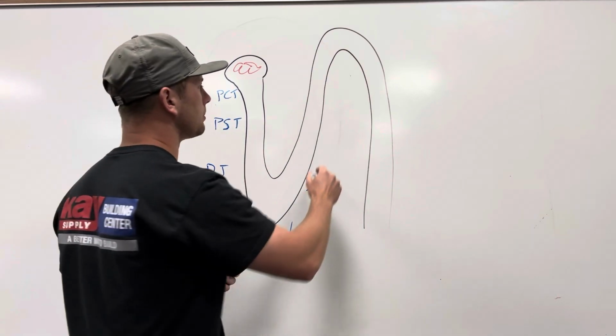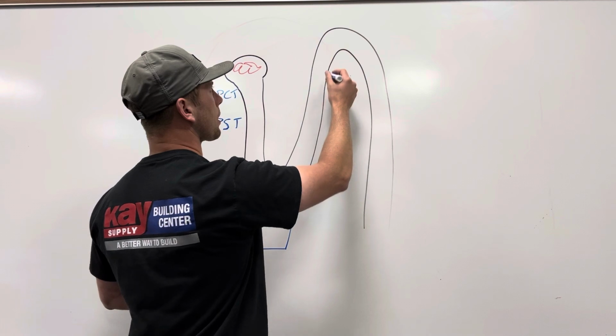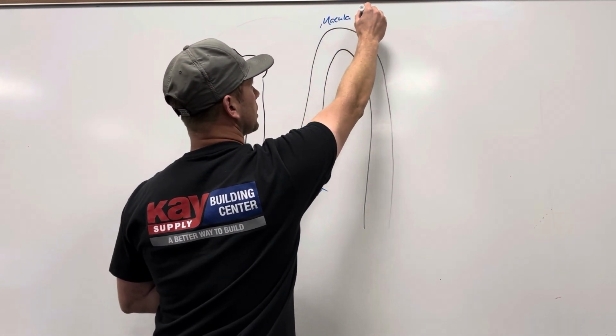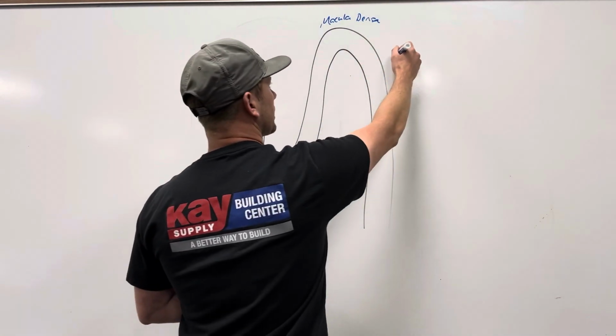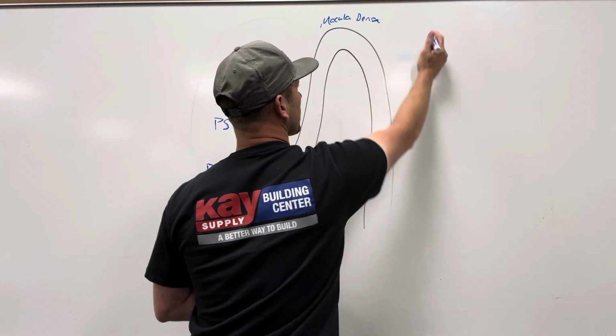And then as we go up, ascend, we have some macula densa cells, which we'll talk about. They're really important. And then we'll have the collecting duct, the distal tubule, or I'll just write collecting duct.